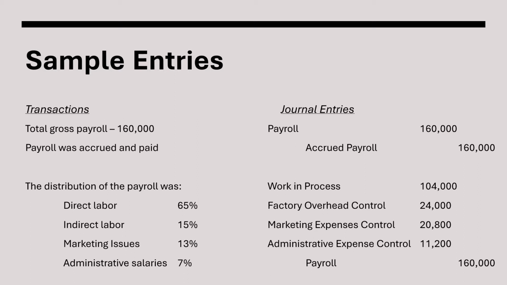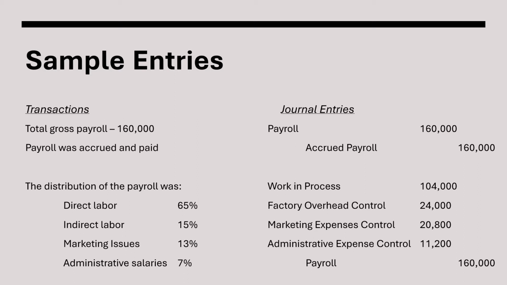Okay. For marketing, you can create a marketing expense control so that you can lodge all marketing related expenses to one specific control account. Similarly, that will also work for administrative salaries. And then of course you just credit payroll.